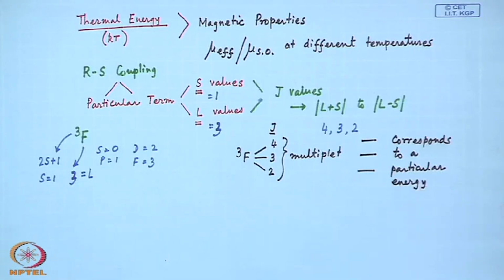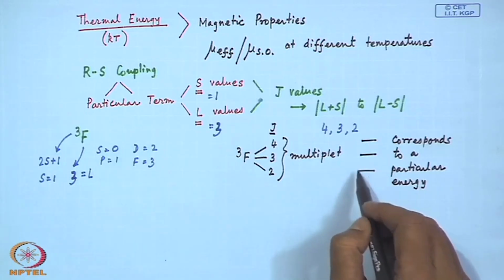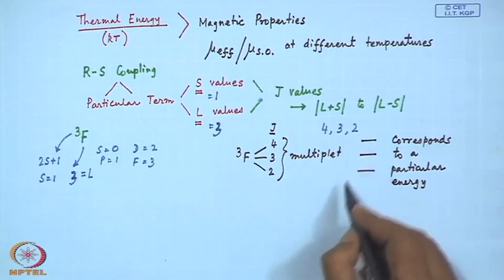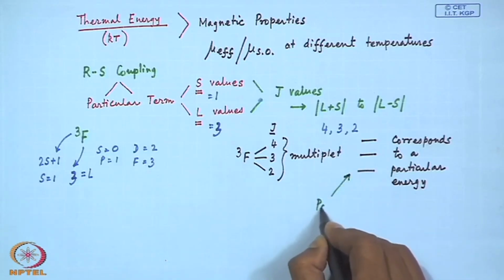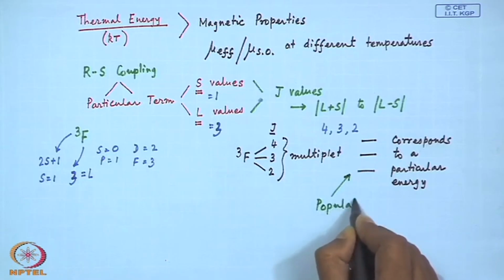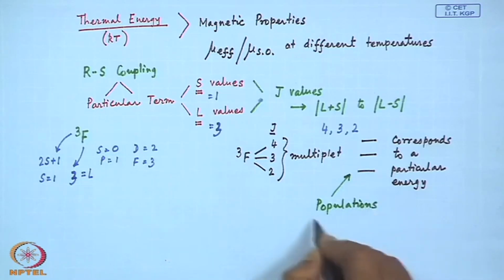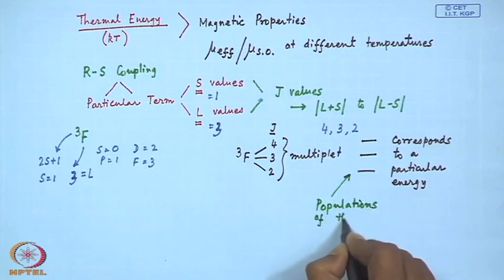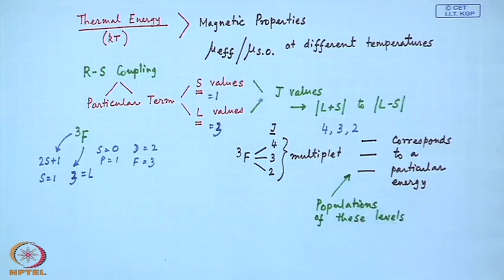So depending upon the available kT value, if we have different levels, we can think of the corresponding populations of these levels. The populations of these levels are therefore important.